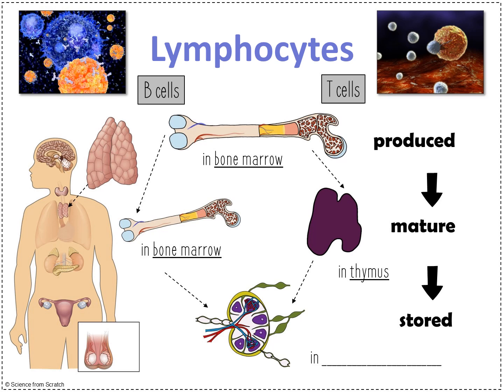The T cells are going to be influenced by the hormone thymosin that's produced by the thymus. They mature and they become competent in the thymus, where they're going to be trained to react to a specific type of antigen. They do not develop antibodies like the B cells do, though.